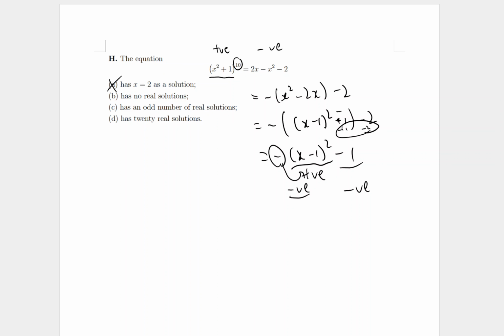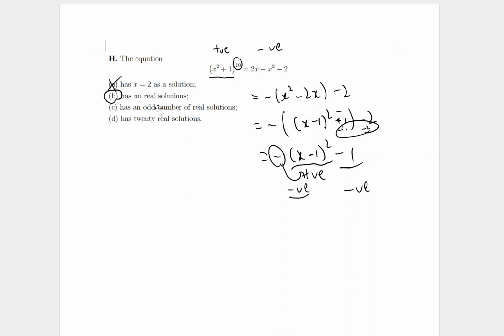Does that make sense? Unless x is complex, we can't really find a solution to this. The left-hand side is positive for any real x, and the right-hand side is negative for any real x as well. So we know that it has no real solutions, which is B.